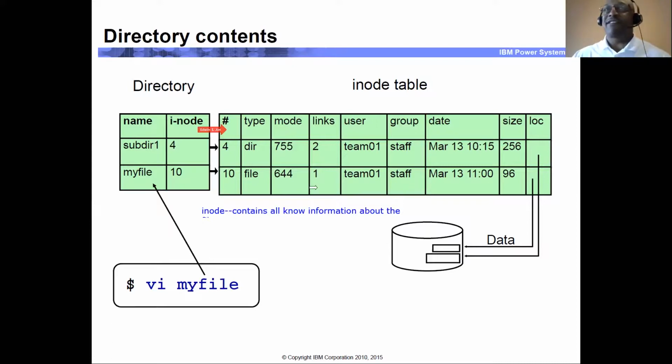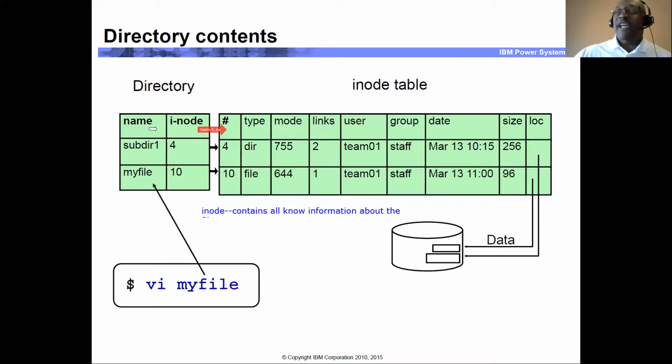We'll talk about links and such in unit 5. Then the actual user and the primary group that created that particular file or directory, in this case team01, primary group staff, default for an ordinary user. Then the date is the last update to the contents of that file, and then the size as far as the number of bytes. And again, the inode points to the actual data, in this case to the data blocks or the location of that particular file on disk.